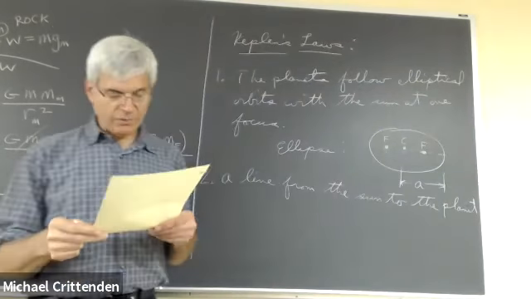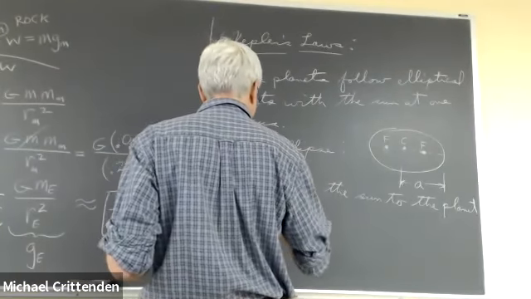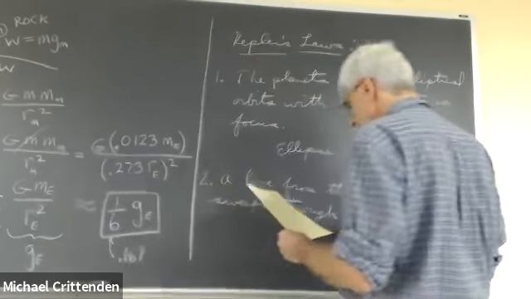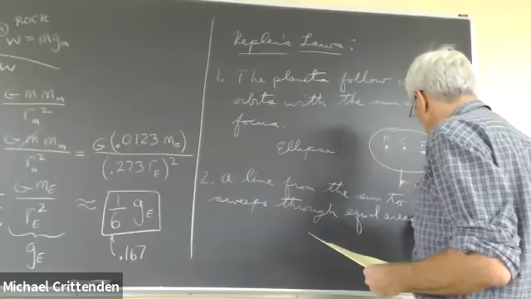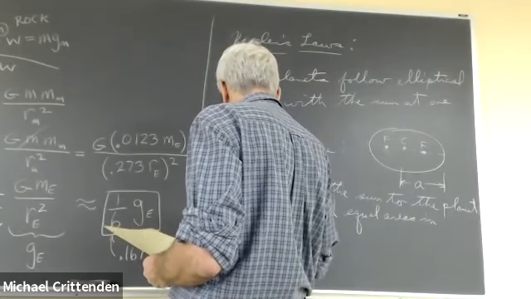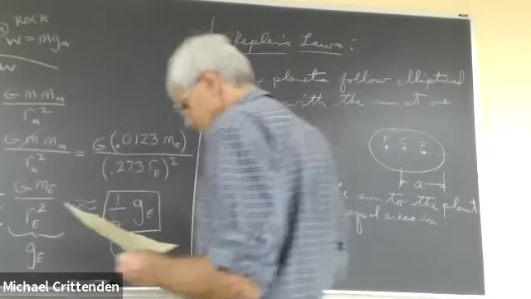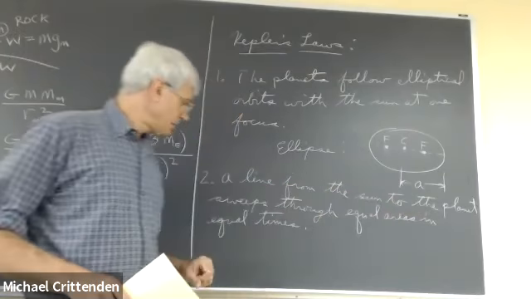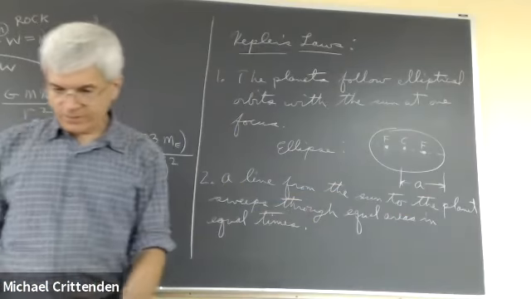A line from the sun to the planet sweeps through equal areas in equal times.